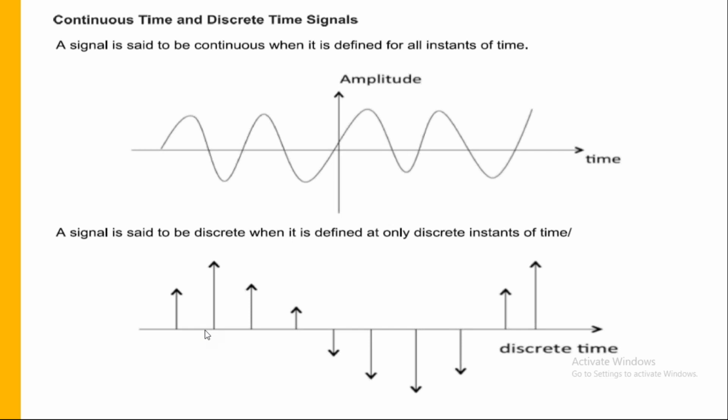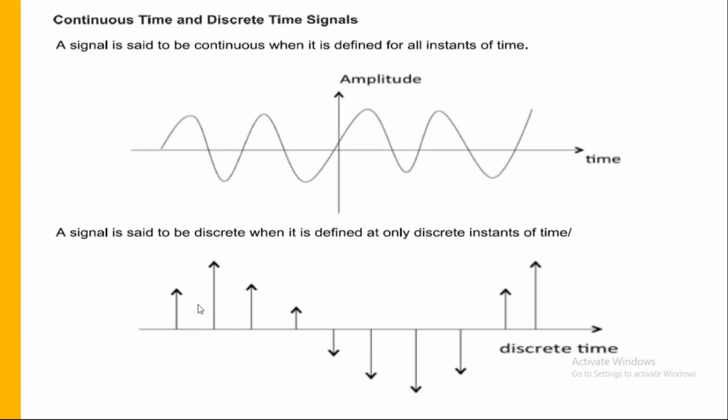You fix the sampling period based on how many samples you need. If I take a very small sampling period, I get too many samples. If I take a larger sampling period, I get very few samples. So based on the number of samples, the sampling period varies.